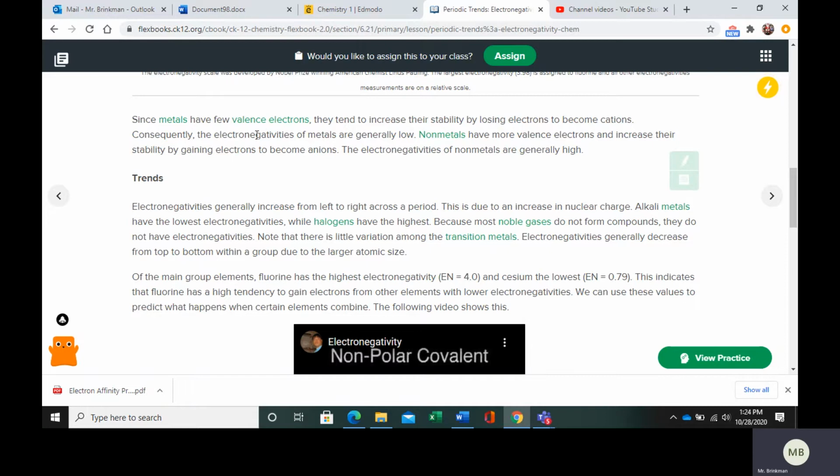Because they lose electrons, they're going to have low electronegativities. Nonmetals have more valence electrons, so to get more stable, they are going to gain electrons and become anions. All right? So because of this, the electronegativities of nonmetals are going to be high.